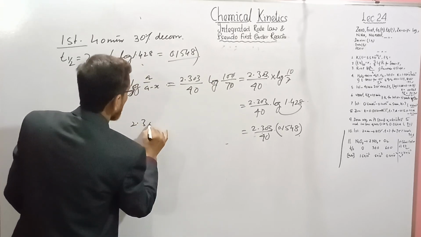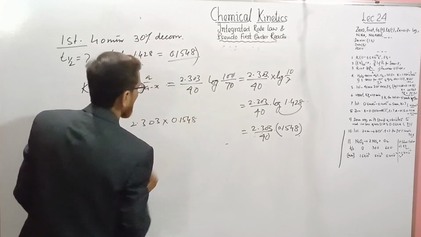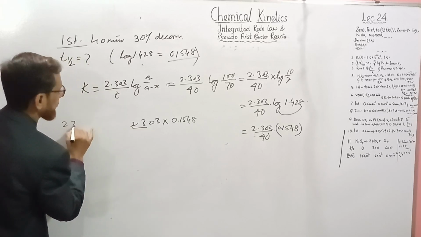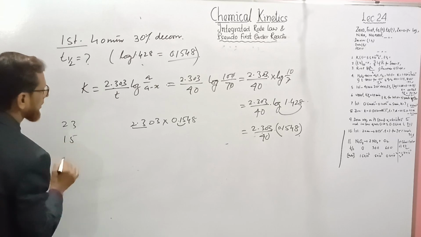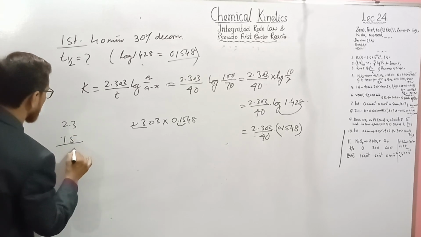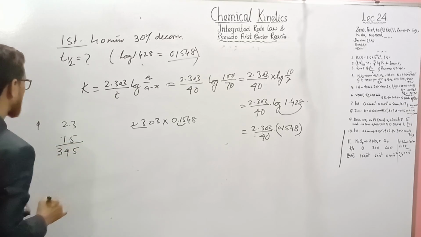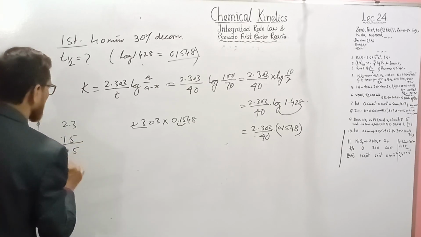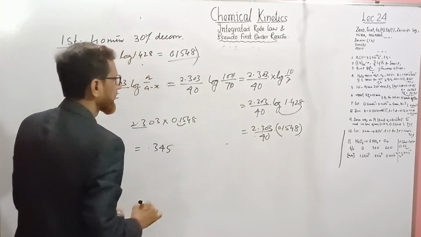So 2.303 into 0.1548, am I right, divided by 40. So you just take these two digits, 2.3 and 1.5. Am I right? Let's see. So your result is 345.